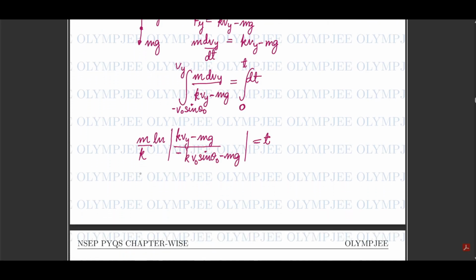So this will become kvy minus mg equals minus kv naught sine theta naught minus mg, e raised to power kt by m.